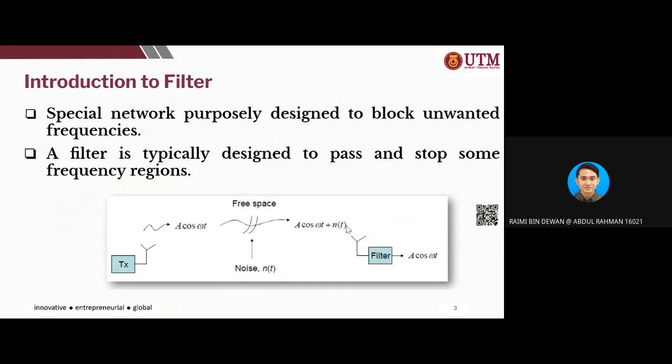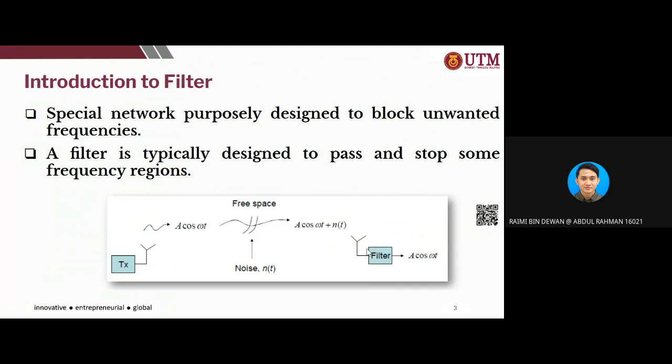And then when the signal arrives at our receiver, this signal mixed with noise has to be filtered out, because we don't want the noise. That's why we have the filter here.